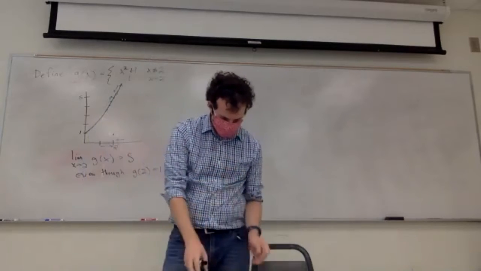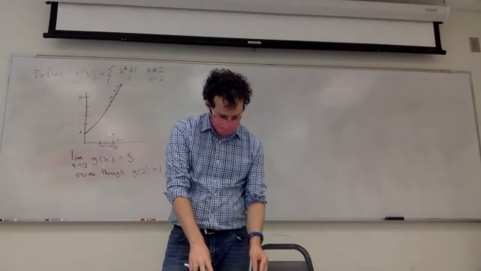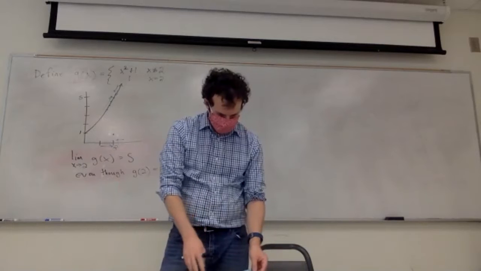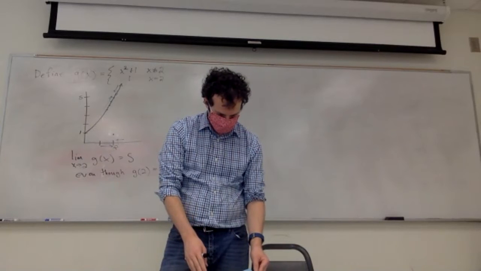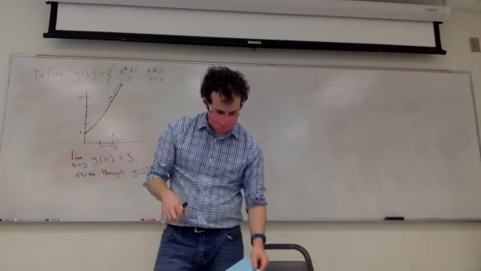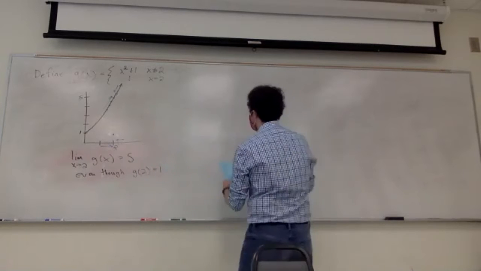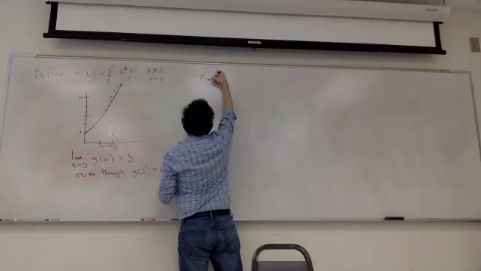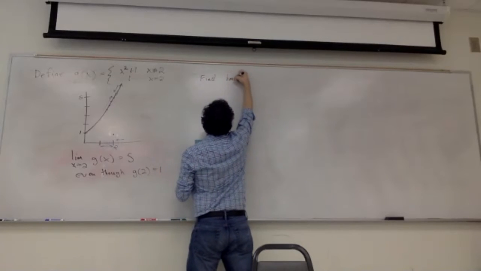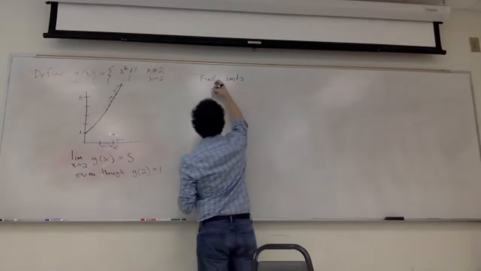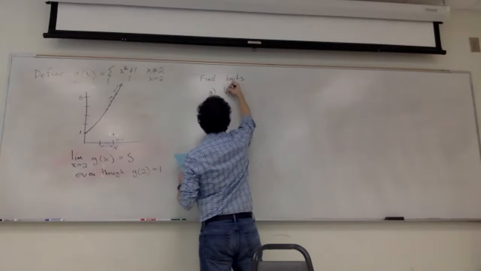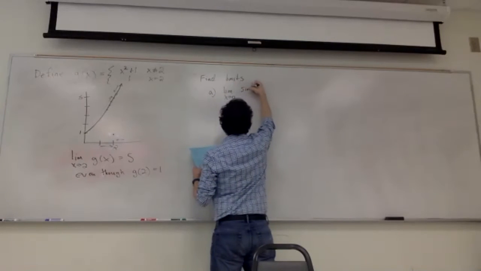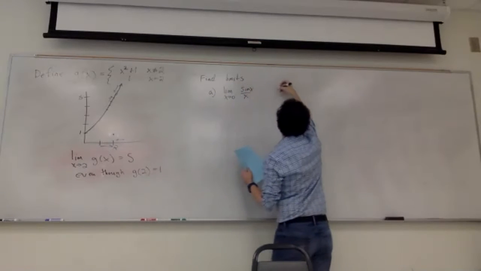So some other examples, which I'll pull the graph up in a second, but on the board I'll just put some tables. So let's look at these limits. A is the limit as x goes to 0 of sine x over x.